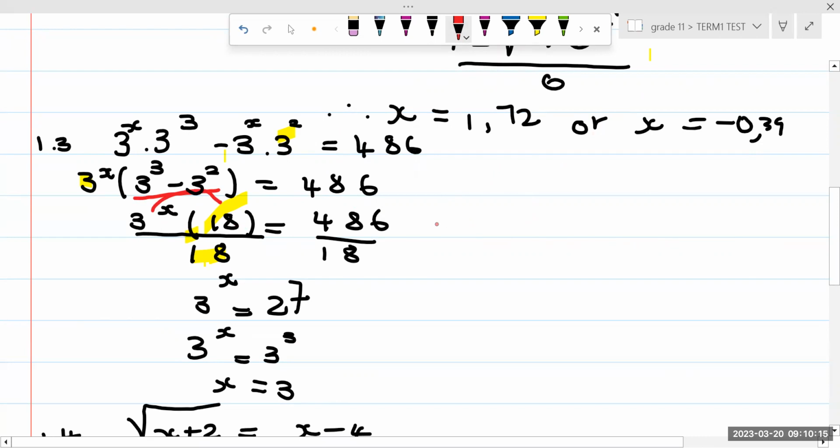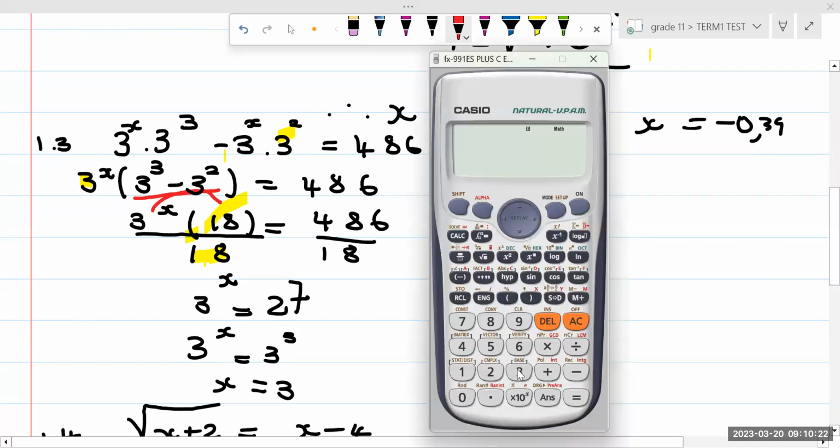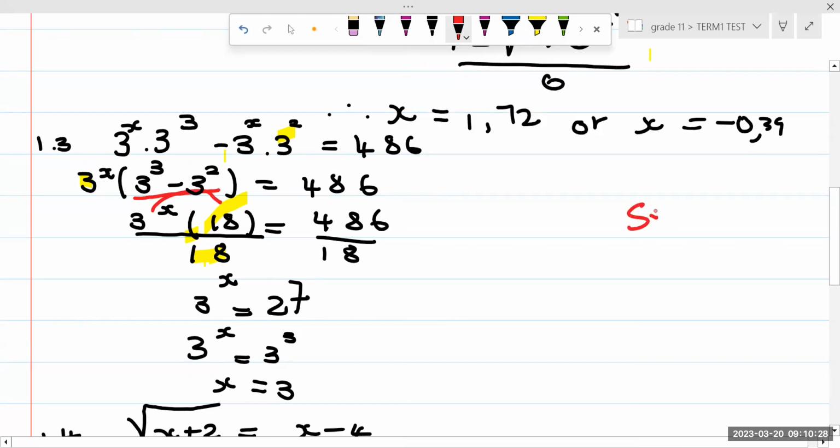So they will say 3 to the power of x multiplied by 18, and then they will get an answer. The answer will be 54 to the power of x, which is going to be 486.